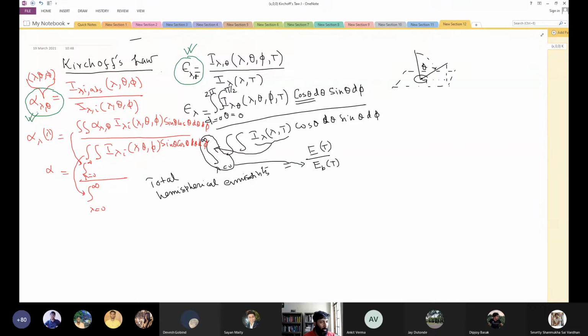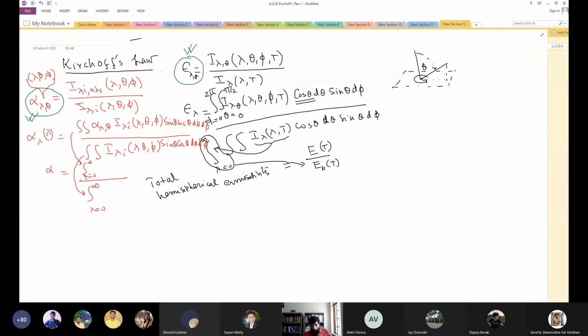So does anyone want to comment or contest that emissivity and absorptivity both are properties of the surface? Both are properties of the surface.